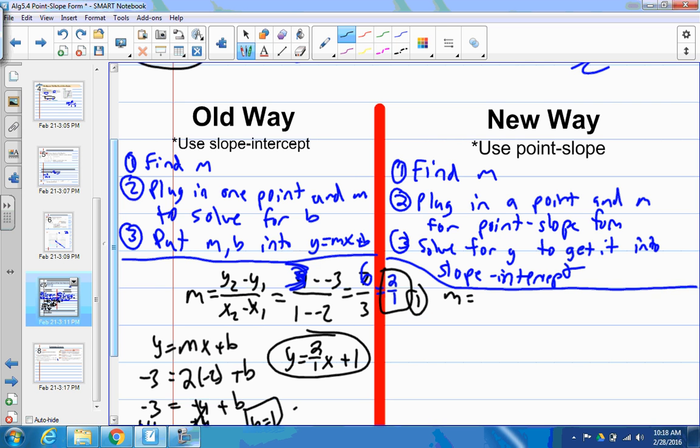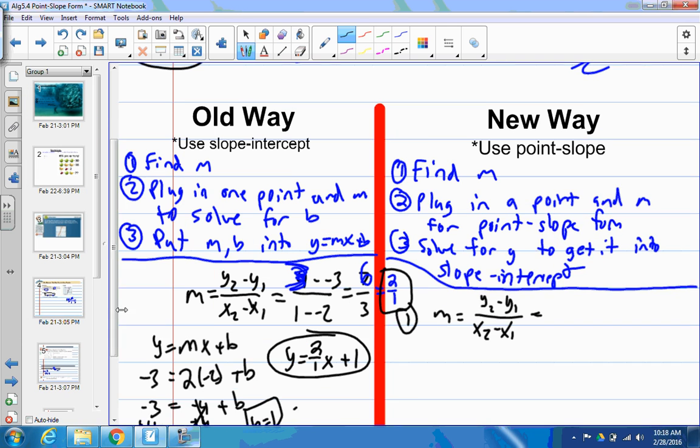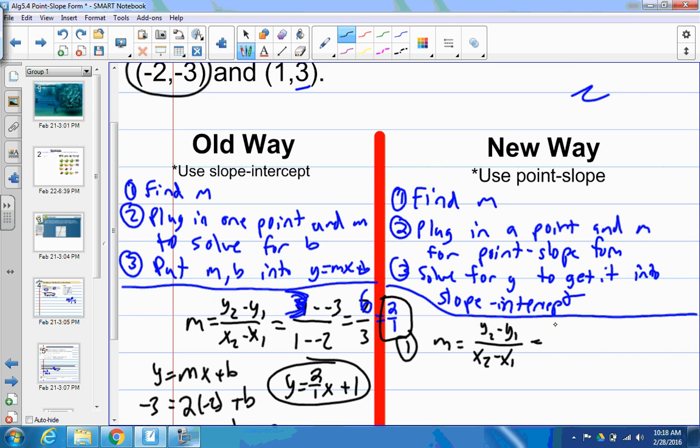m is equal to y2 minus y1 over x2 minus x1, which would be, when we plug in the points, 3 minus negative 3 over 1 minus negative 2.